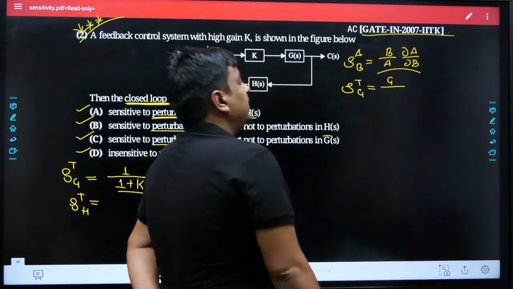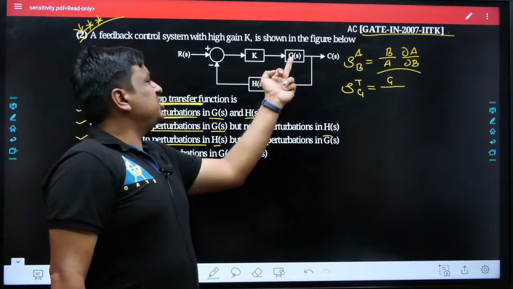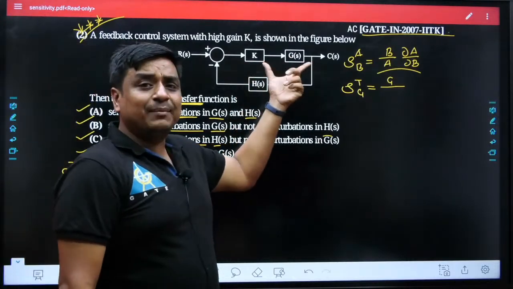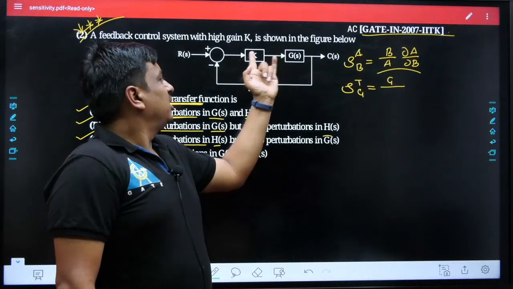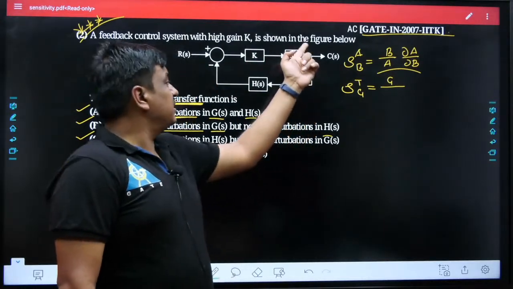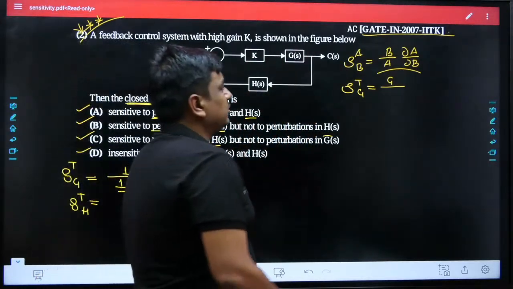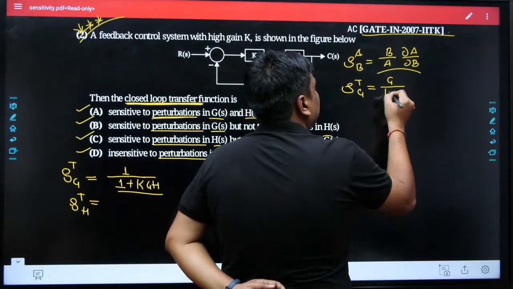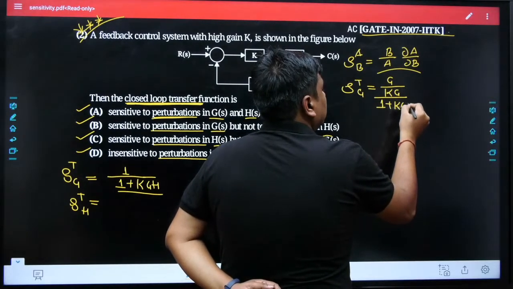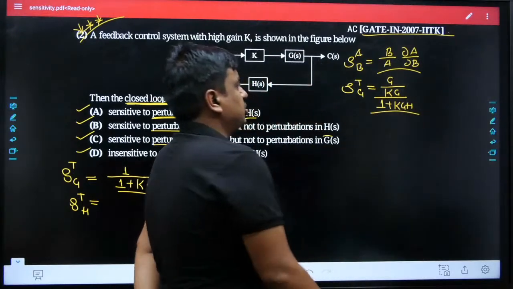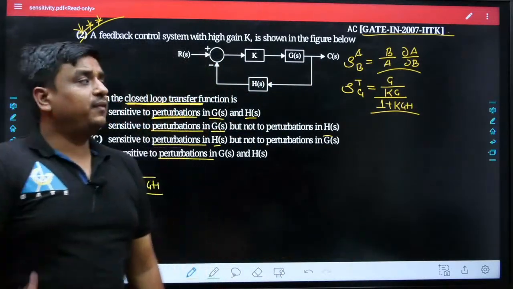Tell me what would be T. The G and K can be taken together for calculating the transfer function. So KG becomes the forward path gain, and the feedback is H. So here goes KG divided by 1 plus KGH. Nobody should have any doubt as such.